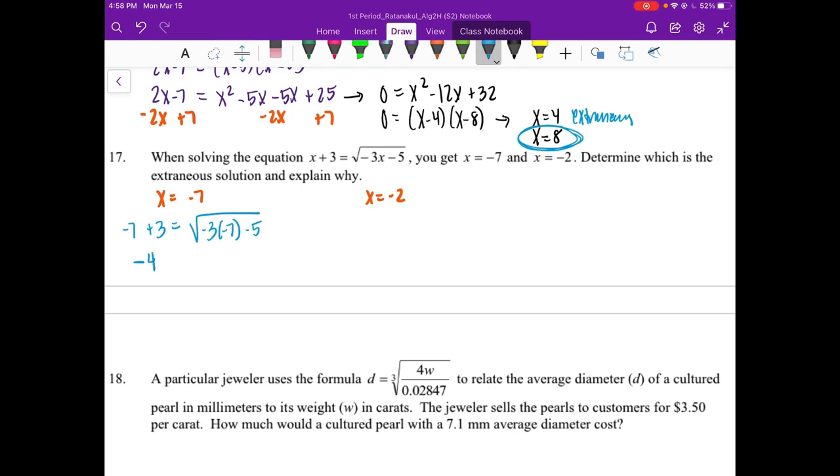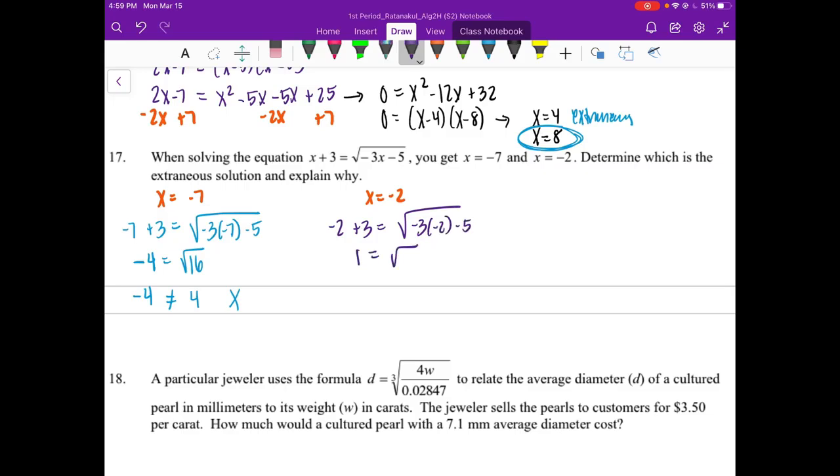If I plug in negative 7, I end up with negative 4 equals the square root of 16, which would be negative 4 equals 4. That is not true.